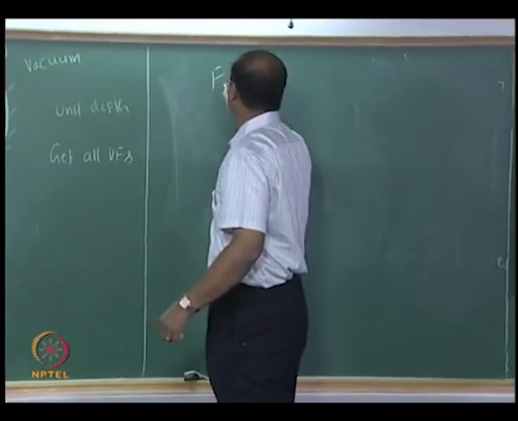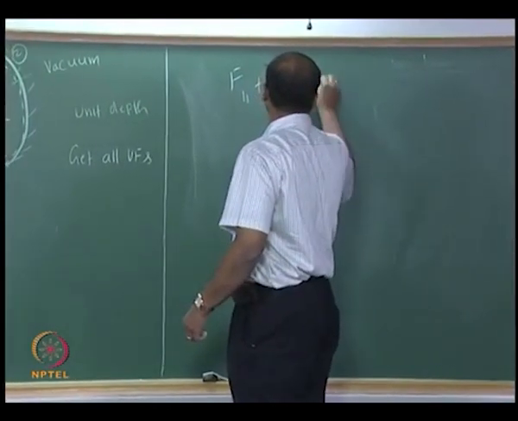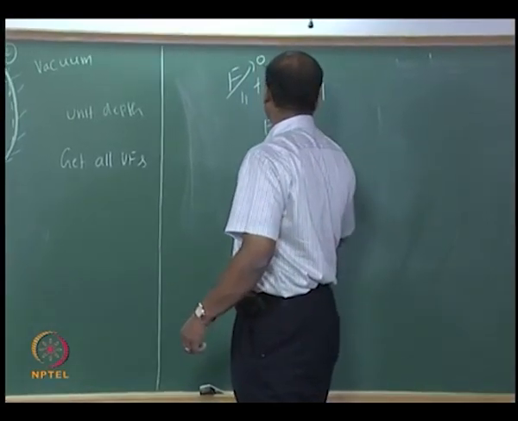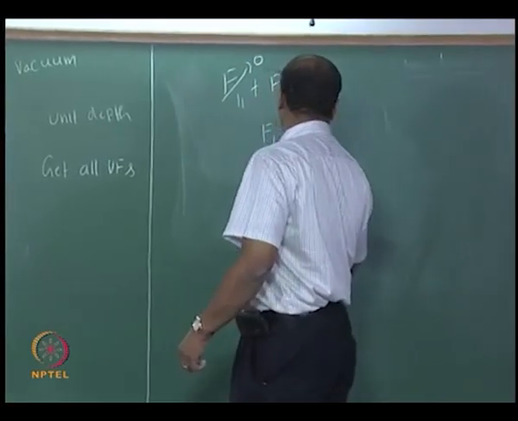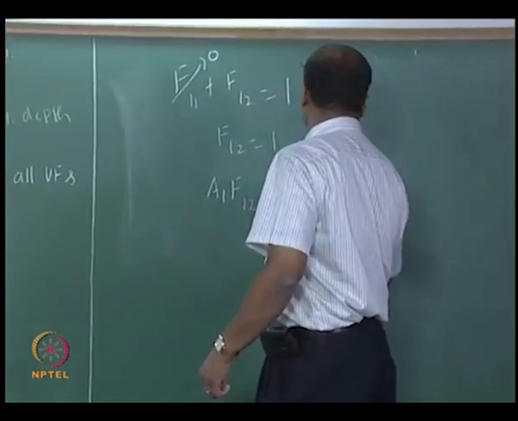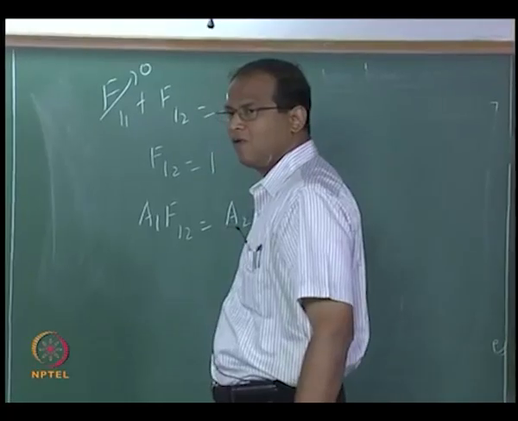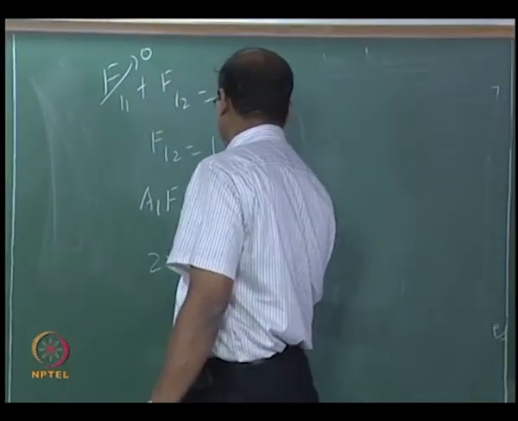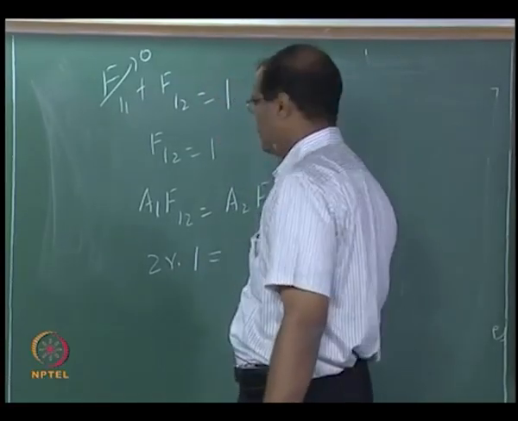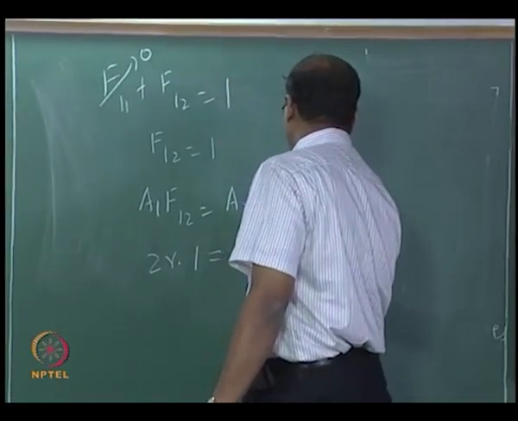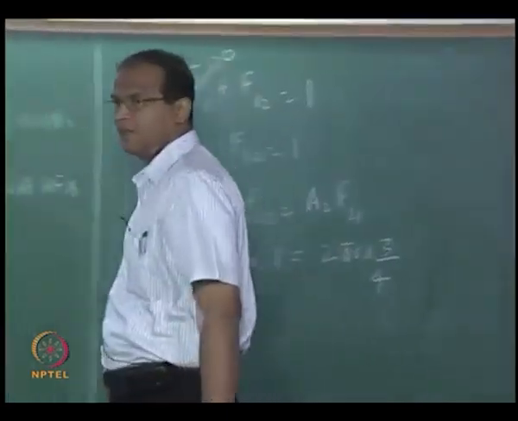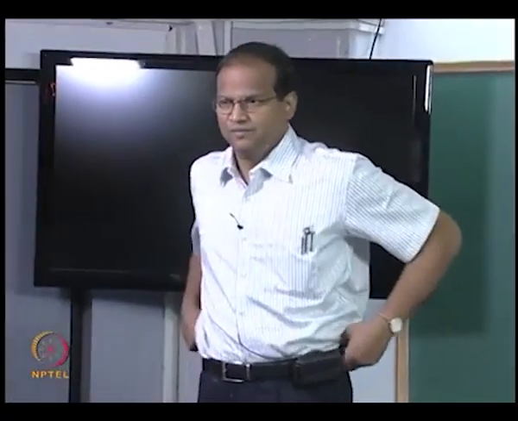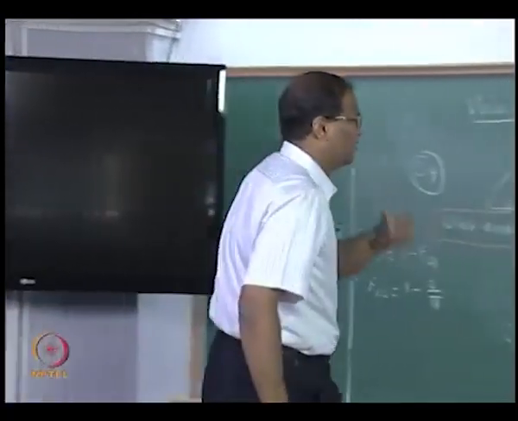F11, very good. A1, very good, 2R. A2, 2 pi R, okay. 3/4 of pi d, correct, into F21.